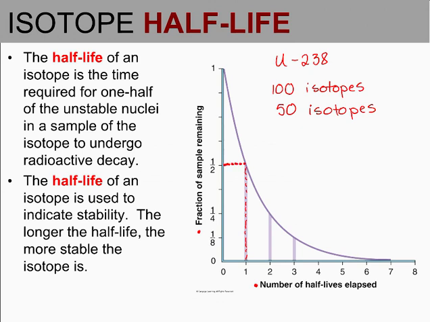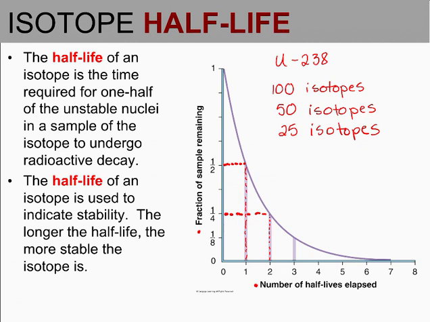So now let's say we wait another 1 billion years. So a second half-life has elapsed. Only 1/4 of the sample will be left over. So in our example above, only 25 isotopes will be left. And we can keep going.